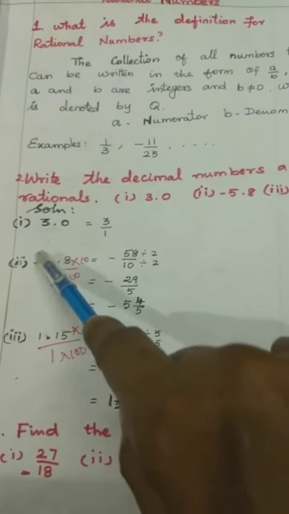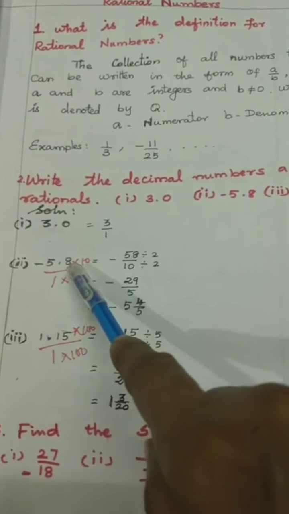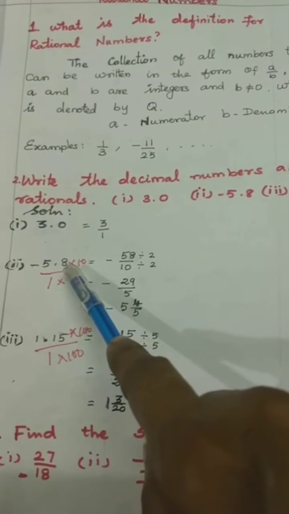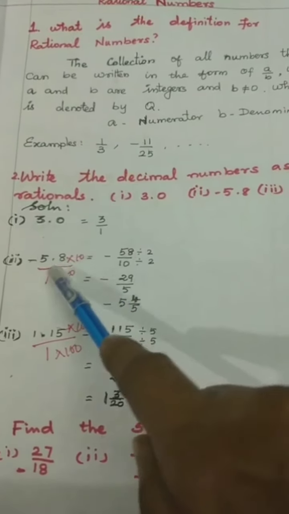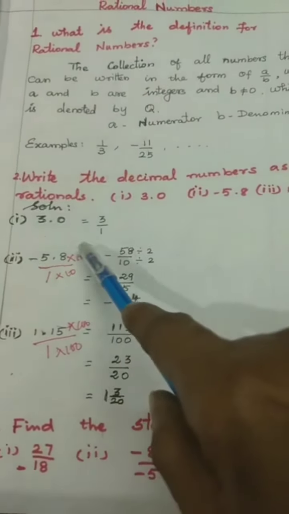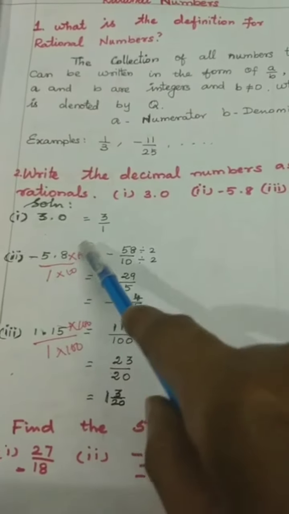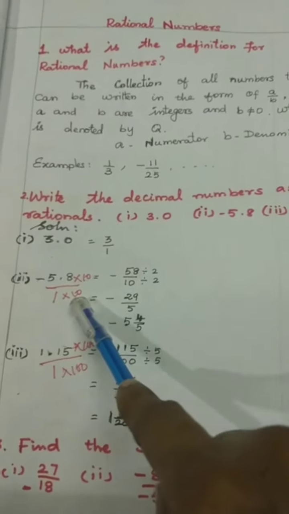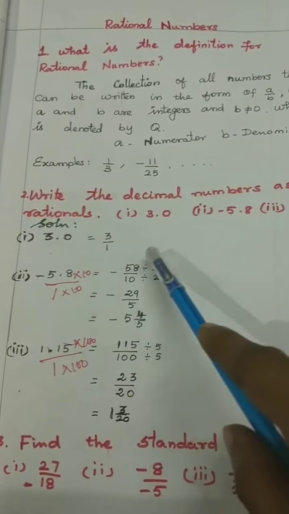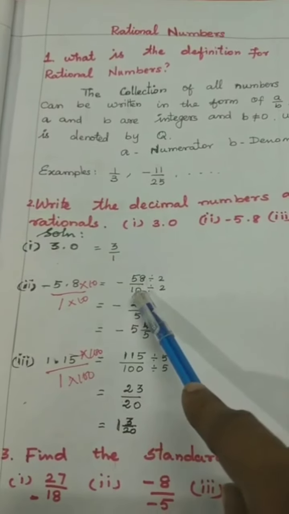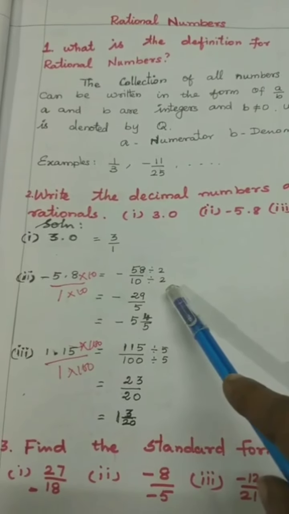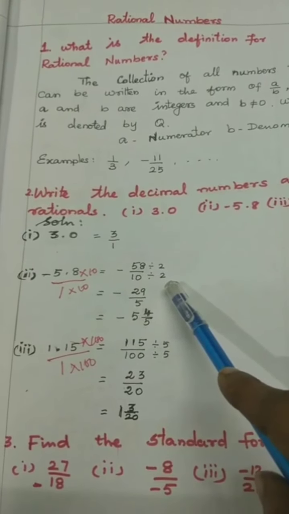First you have to change this 5.8 to a whole number. For that, by 1, you have to multiply these two. Here 1 digit after the decimal, so you have to multiply by 10 and 10. Then minus 58 by 10. You divide these two by 2.